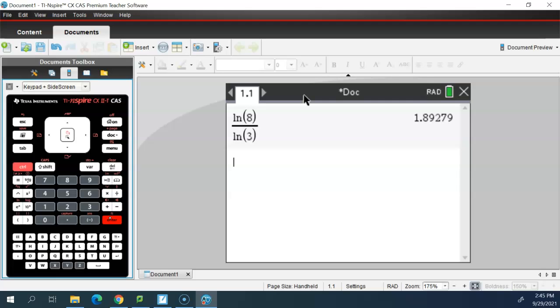Closer to 2, which we've got 1.89 to it. If we wanted to check it, we could go 3 raised to that power, and we get 8. Okay. So 1.89, usually we will have you round to 3 decimal places. So I would say here 1.89.